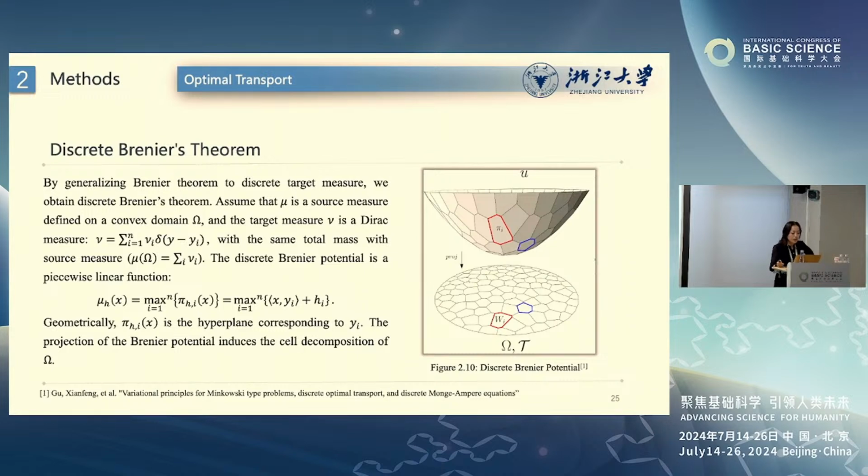So the theorem assumes that mu is a source map on the convex domain sigma, and the target direct measure and the symmetry Brunner and in composition here Wi. So we actually here.